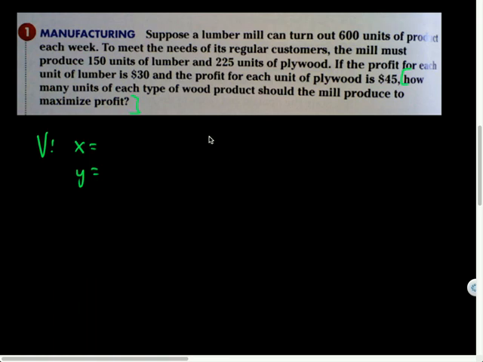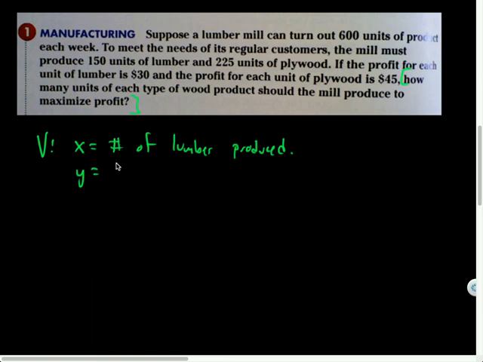So let's define these. What are X and Y? What should X be? Lumber. What about lumber? Is it the cost of the lumber, the length of the lumber? Yeah, it's the number of units of lumber produced. And we want to be specific with our labels so that we can better answer the questions later.